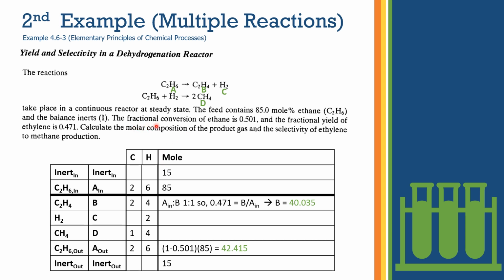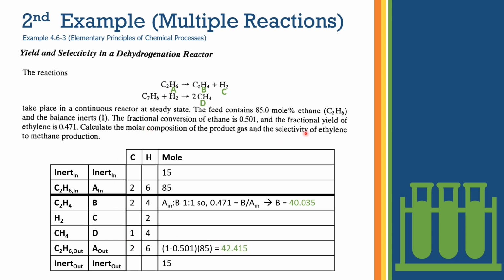It gives us the fractional conversion of ethane. This number is used to produce the product, so the complement, 1 minus that number, times the input of ethane will give us its output.